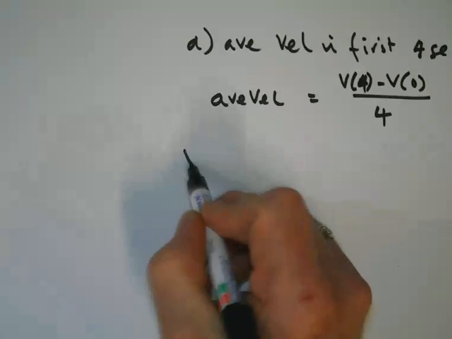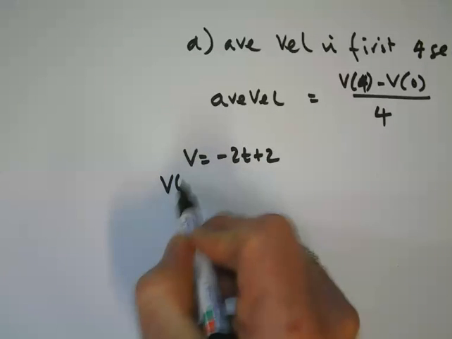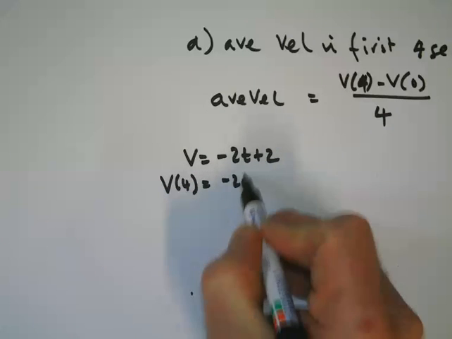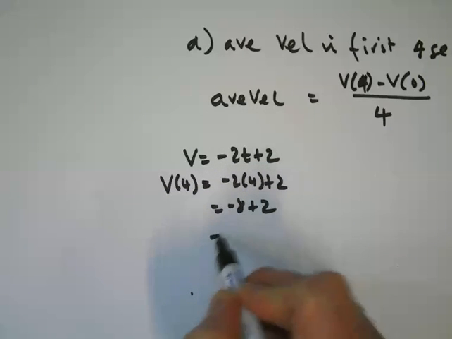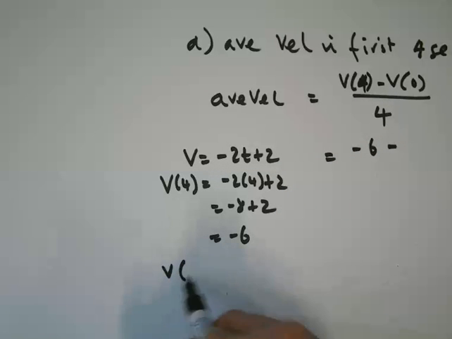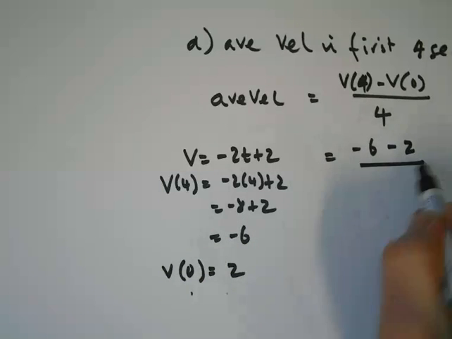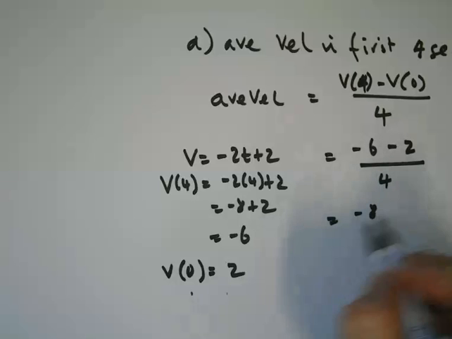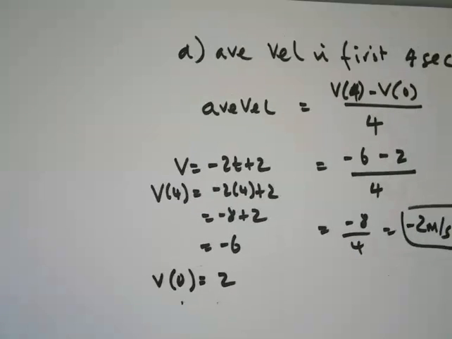I know that the velocity equals minus 2t plus 2, so the velocity at time 4 will equal minus 2 times 4 plus 2, minus 8 plus 2, minus 6. And the velocity at time 0 is the initial velocity, which I know is equal to 2, so minus 8 over 4 equals minus 2 meters per second, is the average velocity over the first 4 seconds.